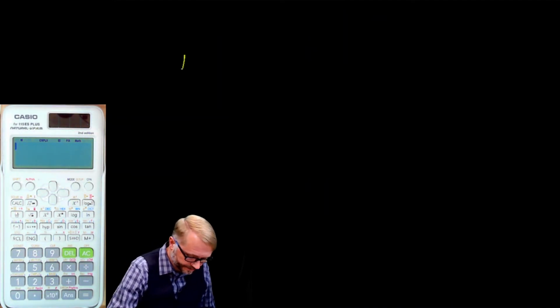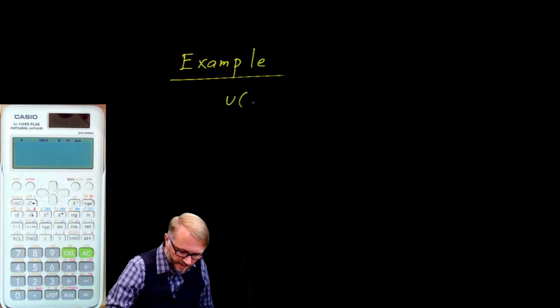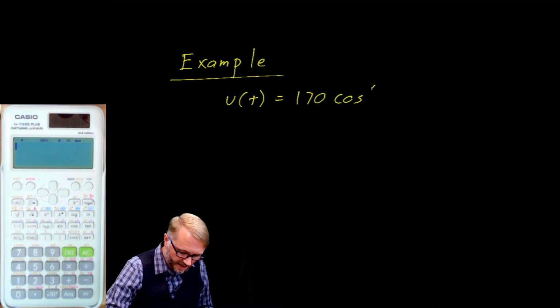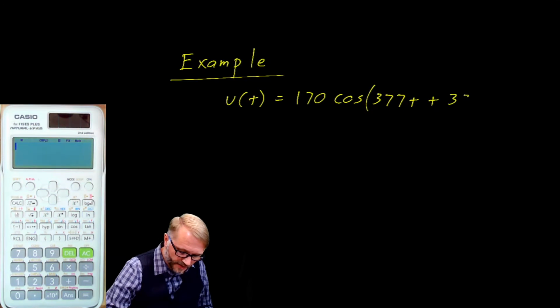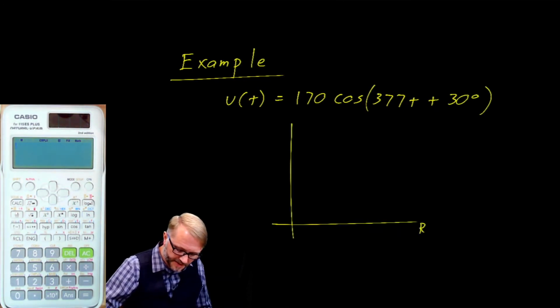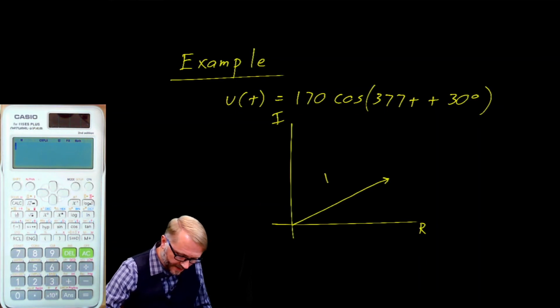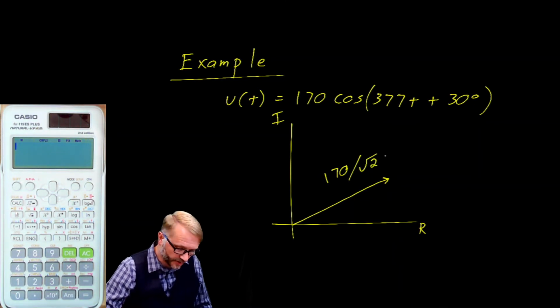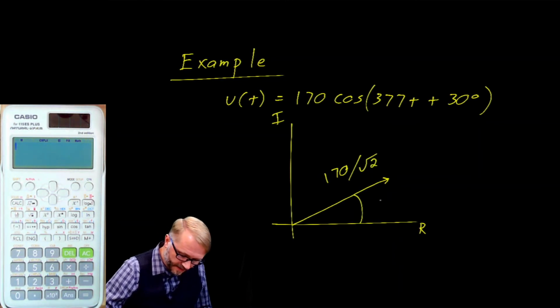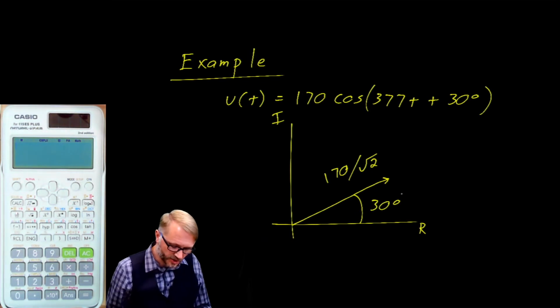Here's an example. We talked about a voltage being 170 cosine of 377 t plus 30 degrees. We can plot that on the real imaginary plane as a line segment with length 170 divided by the square root of 2, I'll explain that square root of 2 in a minute, at an angle of 30 degrees.